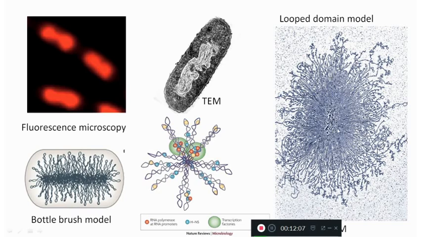Both the models are probably right at some stage of cell growth. This is outside the cell when it is prepared on the slide, and this is inside the cell in the in vivo condition. So it may be that in vivo the chromosome, the loop domain structure, remains in an elongated fashion like this, and it forms a bottle brush kind of structure.